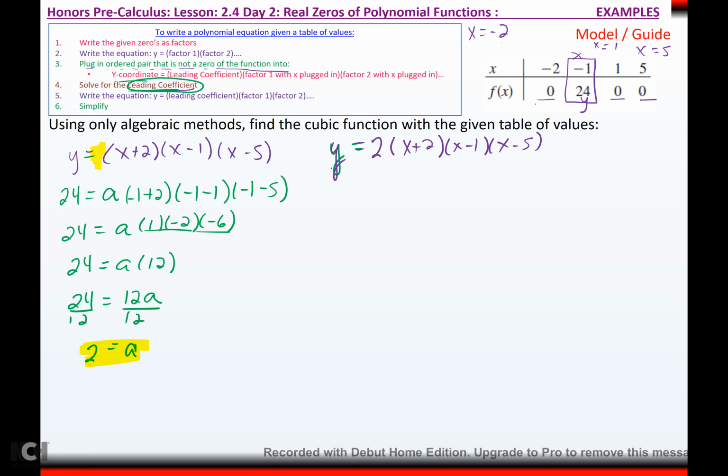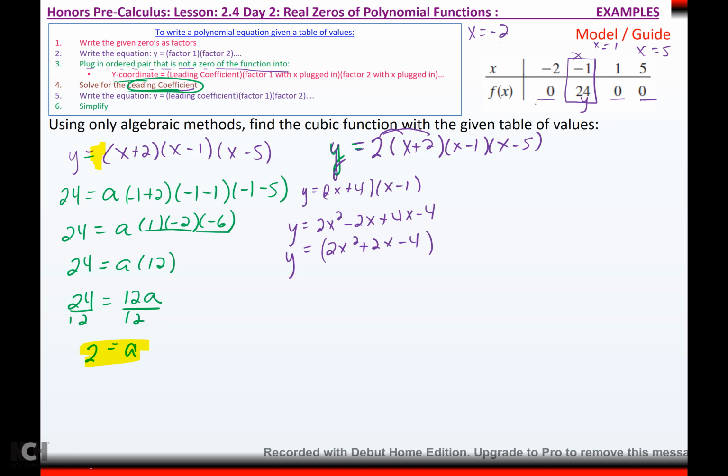But again, we have to simplify that. So if I distribute the 2, I'm going to have 2x plus 4, drop the x minus 1. That's going to give me 2x squared minus 2x plus 4x minus 4, which simplifies to 2x squared plus 2x minus 4.